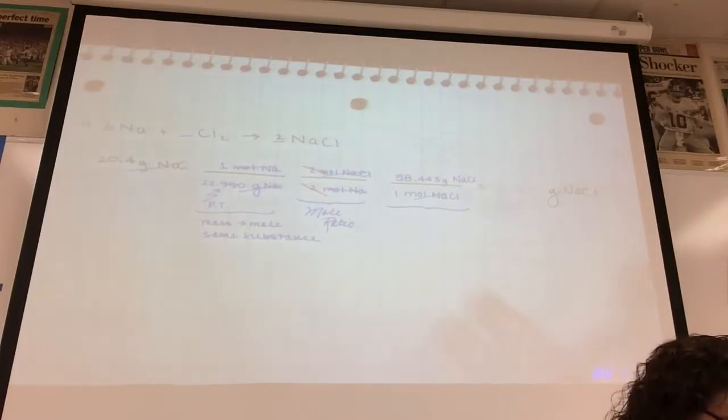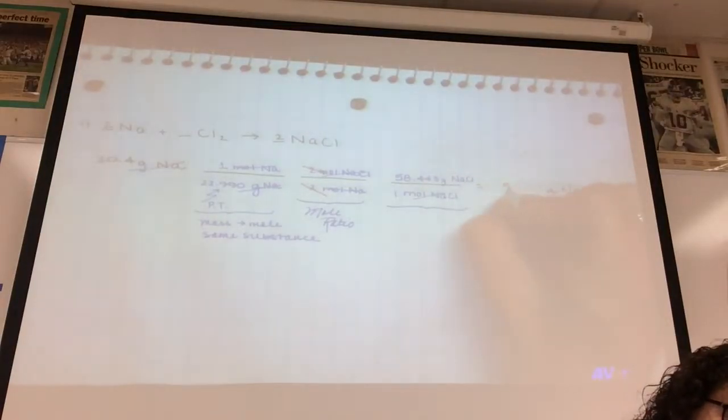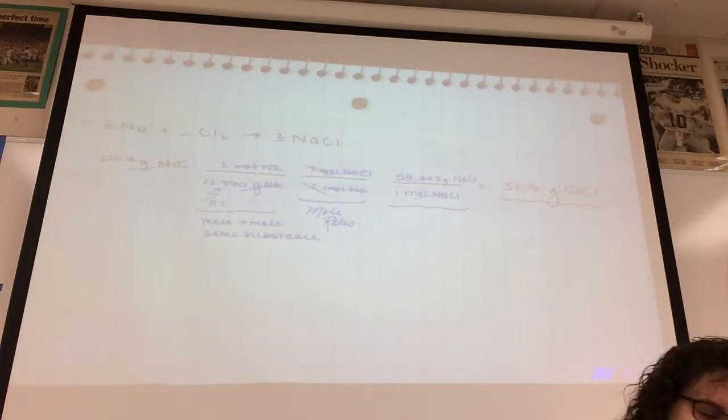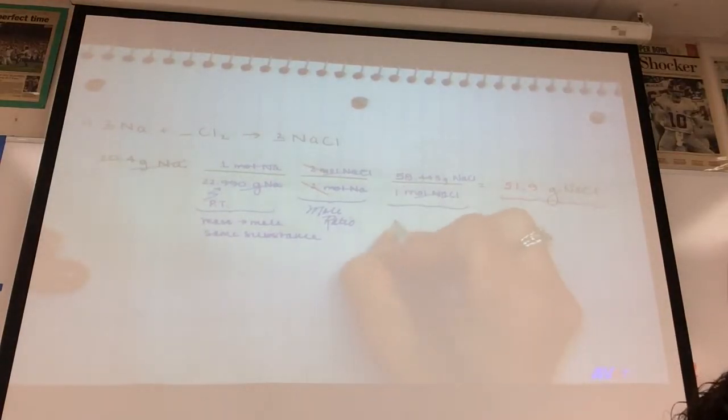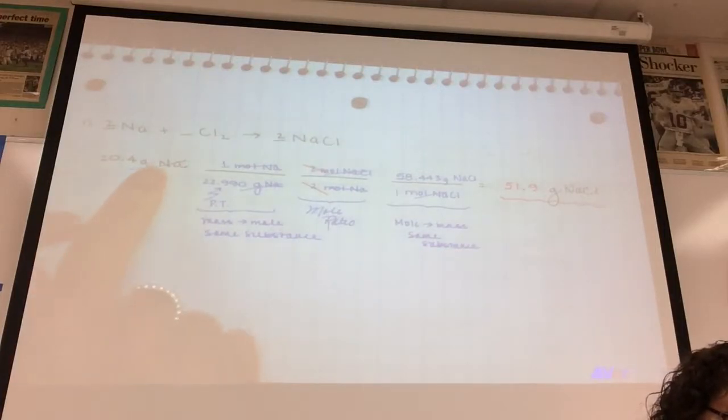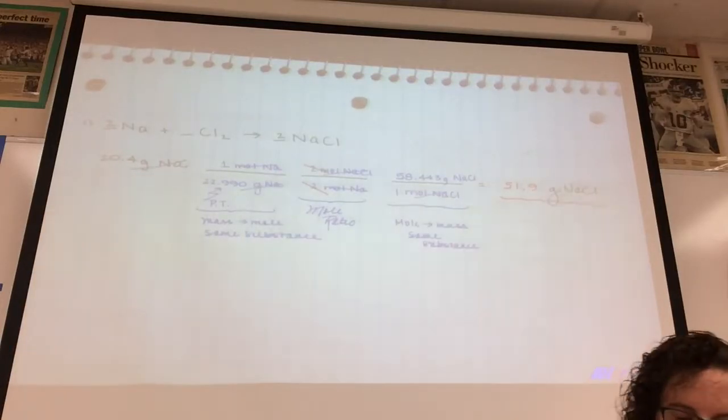And you get 51.9 grams of sodium chloride. And again, this is a mole to mass of the same substance. Taken all together, you have the conversion from mass of one substance to mass of another substance.